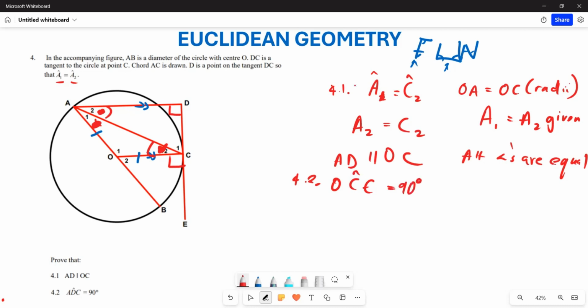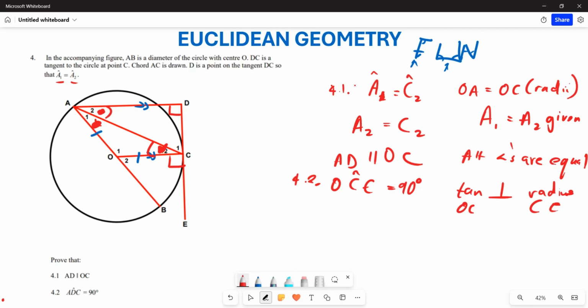What is the reason behind that? It's because a tangent is perpendicular to the radius. Which means our tangent OC is perpendicular to the radius CE. So basically that is going to be the reason for that.